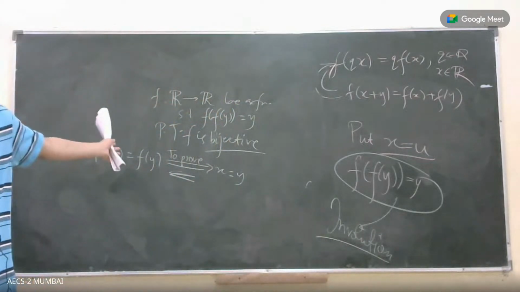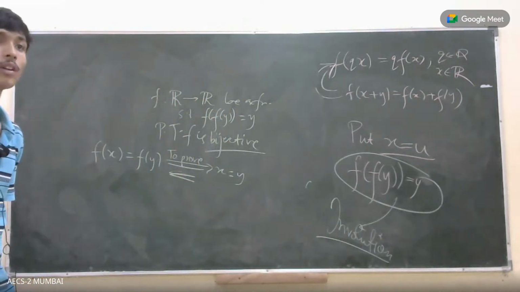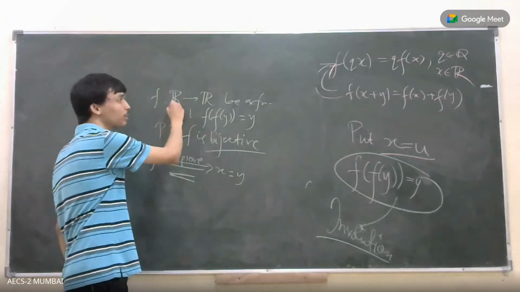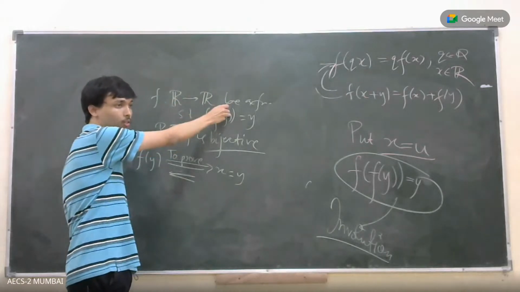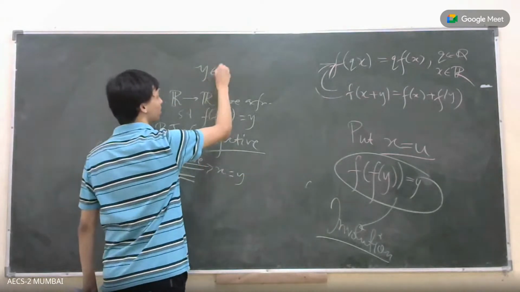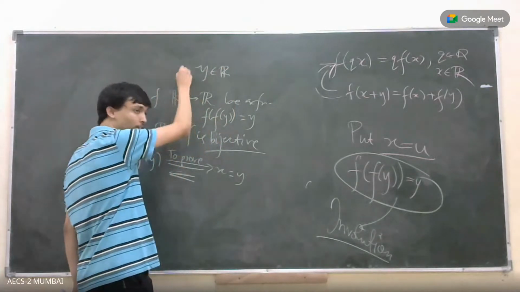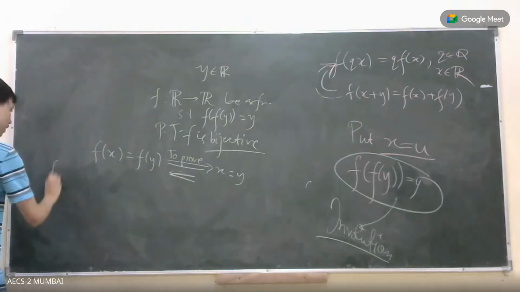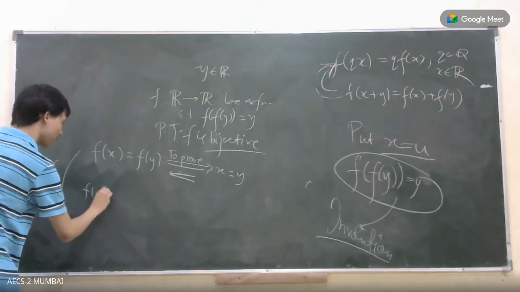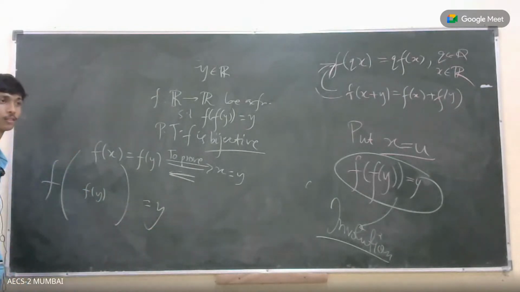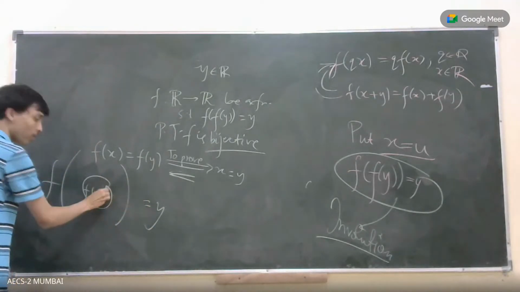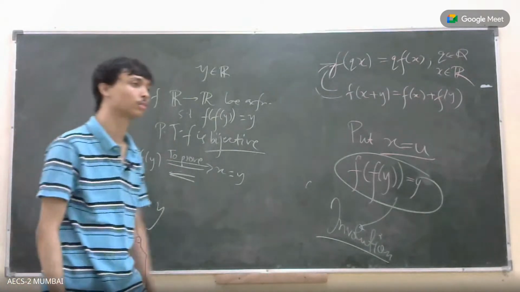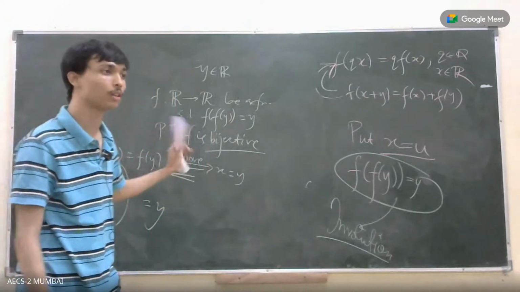What does surjectivity mean? That for any real number, there should be some other real number which gets mapped to it. So let y be any real number. Can you tell me a number which gets mapped to y? f(y), right? f(f(y)) equals y, right? So for every real number y, f(y) gets mapped to y. So f is surjective also, which means that f is bijective.